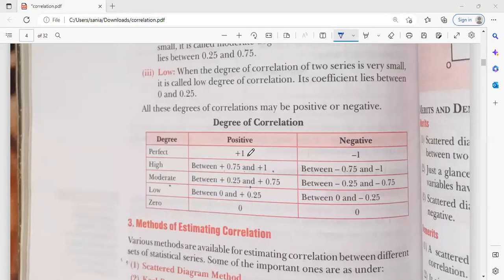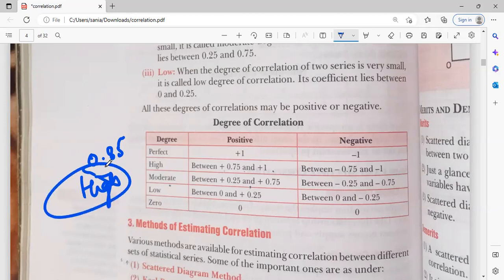Sometimes when you find the correlation, they ask you the degree. For example, your answer was 0.85. If you don't know the table, you cannot answer the question about the degree of correlation. But if you know that 0.85 lies between 0.75 and 1, you will say, ma'am, this is high, right?